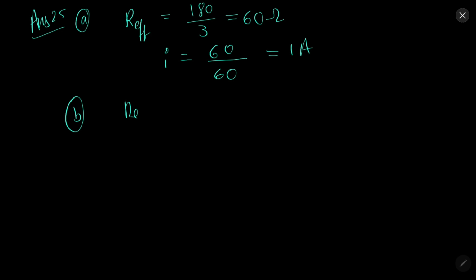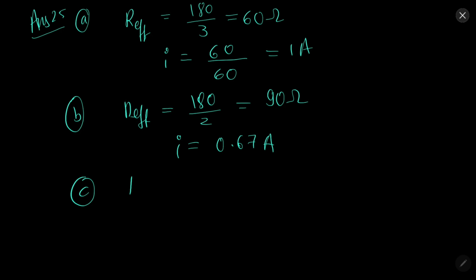In second situation, R effective will be 180 by 2, 90 ohms. Current will be 0.67 ampere. In third situation, R effective will be 180 ohms. Current will be 0.33 ampere.